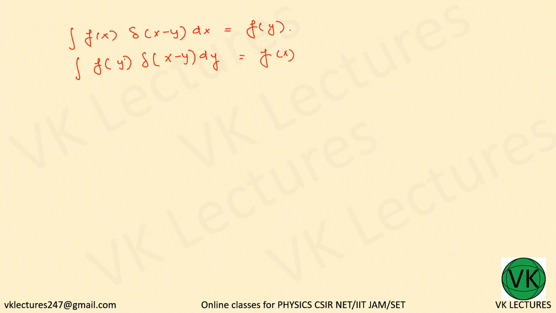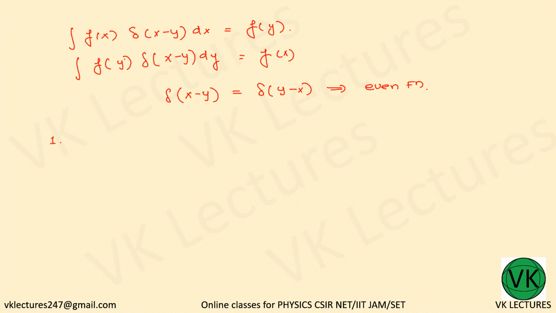There is no change in the second term, delta of x minus y and delta of y minus x. So you might be thinking about delta of y minus x, but delta of x minus y is the same as delta of y minus x, because delta is an even function.